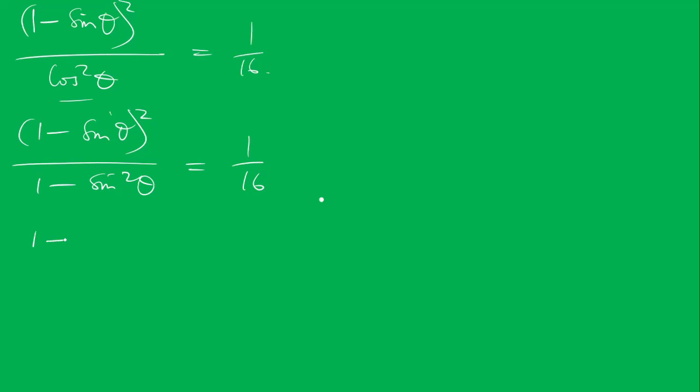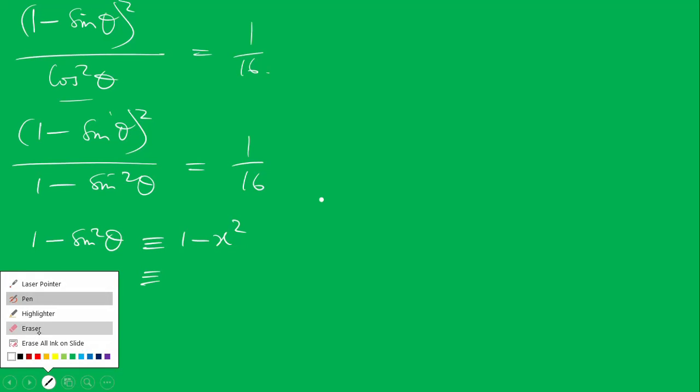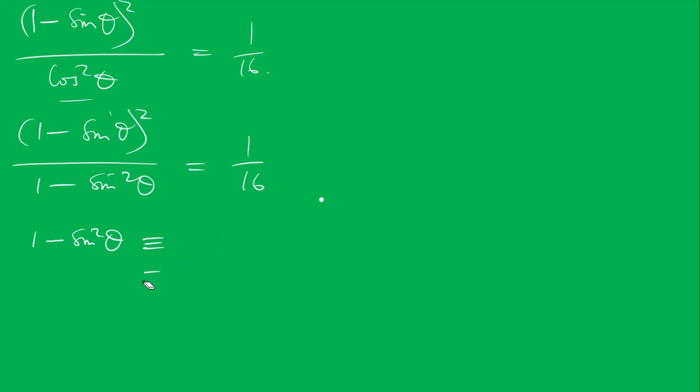Now you know 1 minus sine square theta is equivalent to 1 minus x square, assuming x is equal to sine theta.